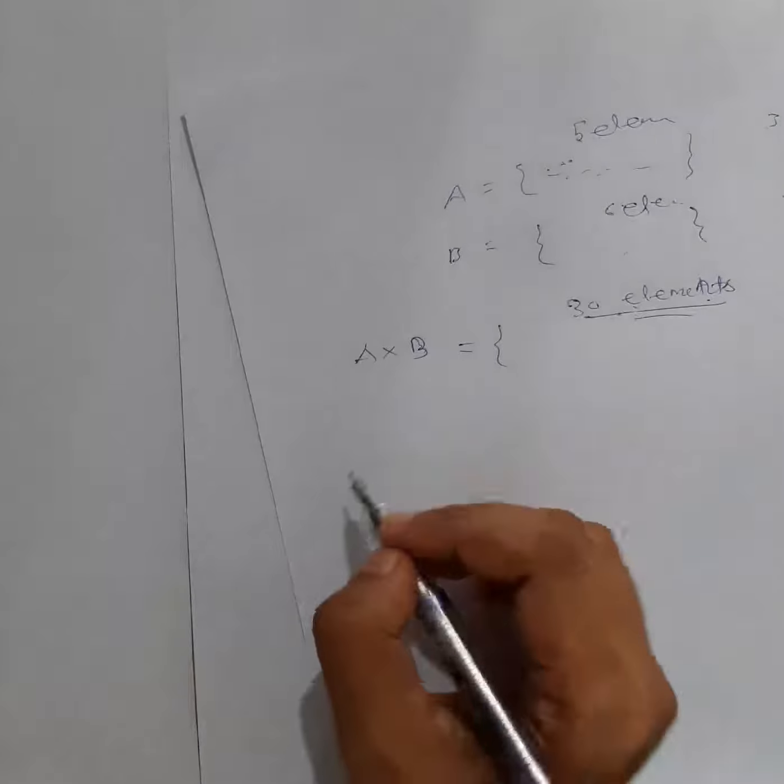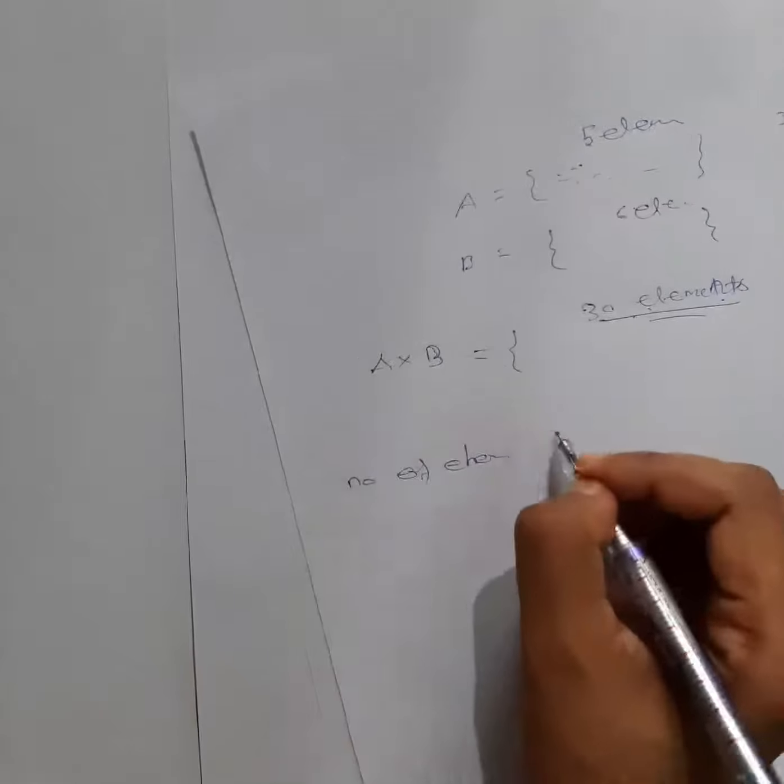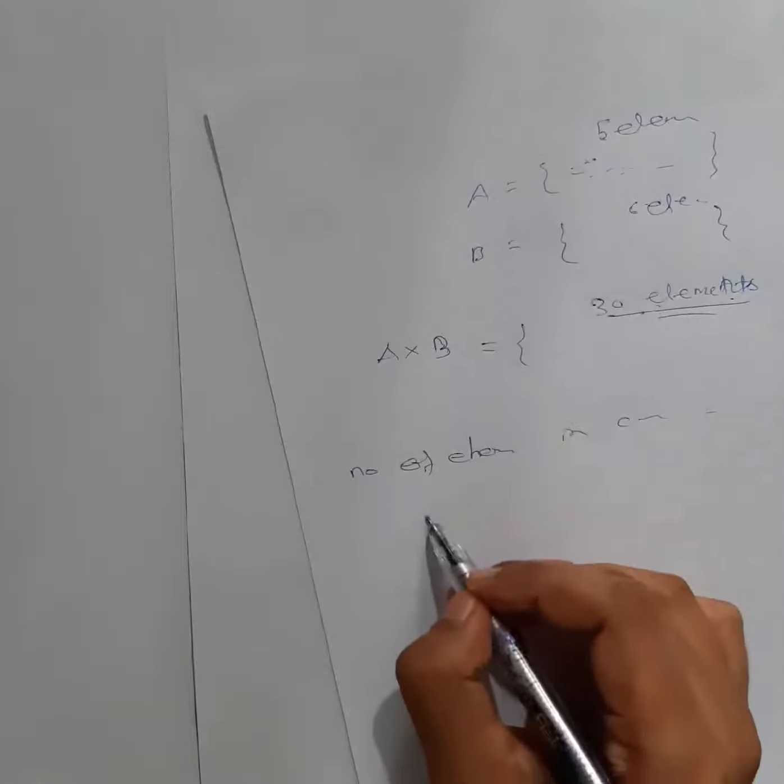So how to find out the number of elements in a Cartesian product? Very simple.